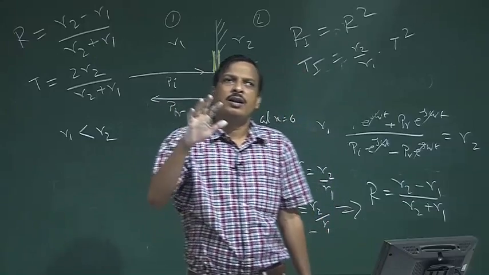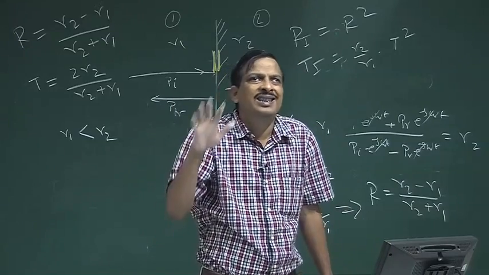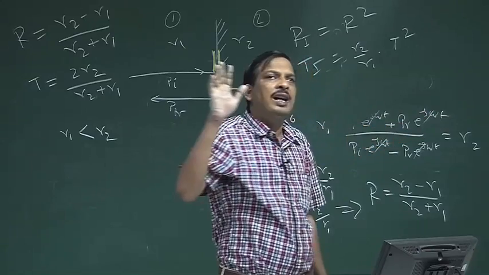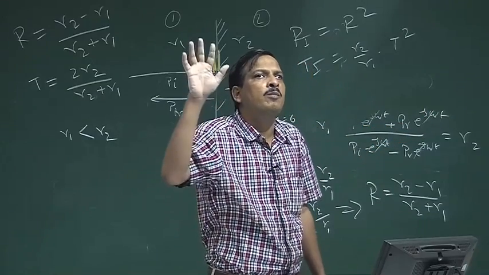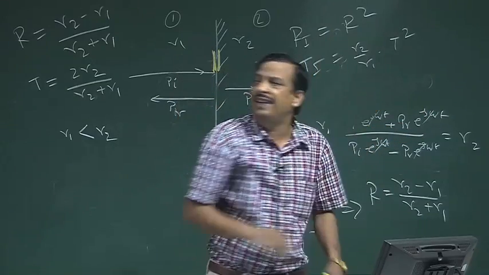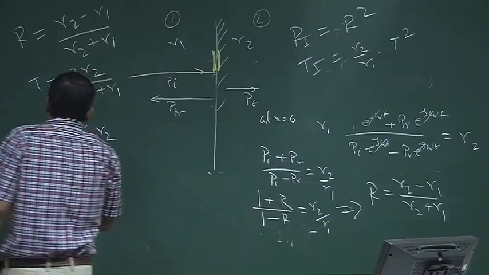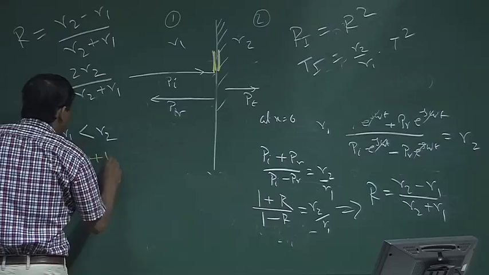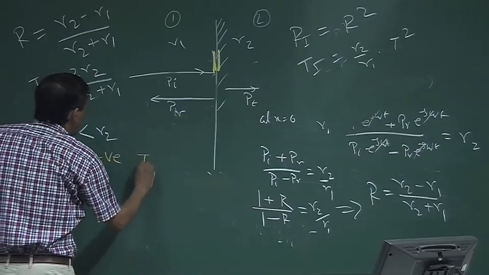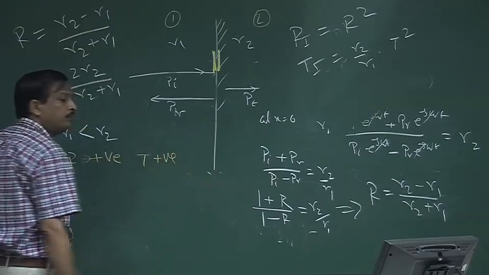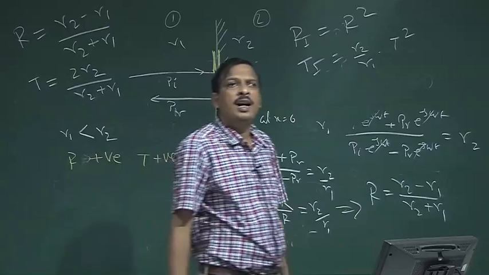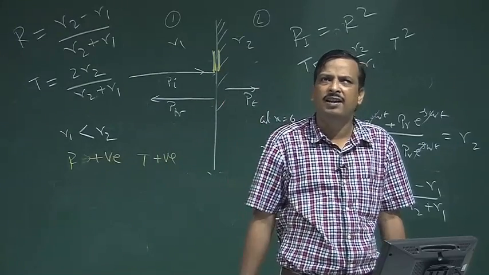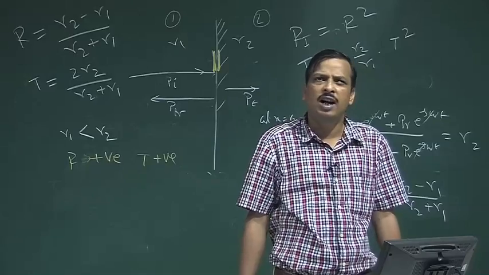The air characteristic impedance ρ1 C1 is less than the characteristic impedance of the concrete wall. So a wave is transmitted from air to a solid wall. In that case, R will always be positive and T will always be positive. So I can get the value of R and T if I know the R1 and R2 values.